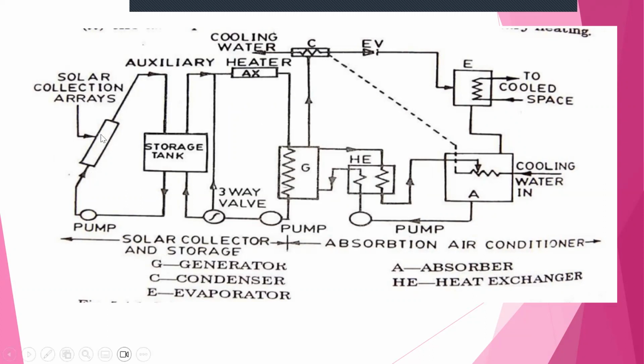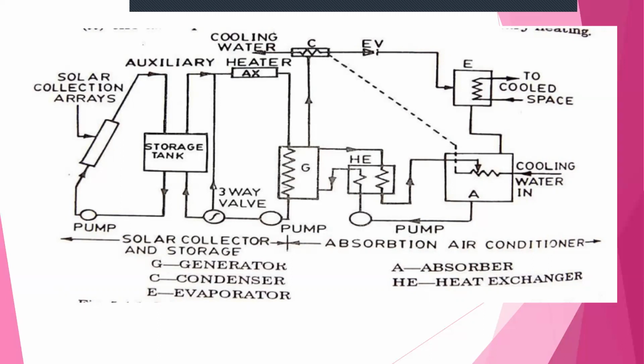The collector is transient in its operation, so the energy ratios and temperature will keep on varying. It will not be the same, because the solar radiation falling across the arrays is not at the same intensity.